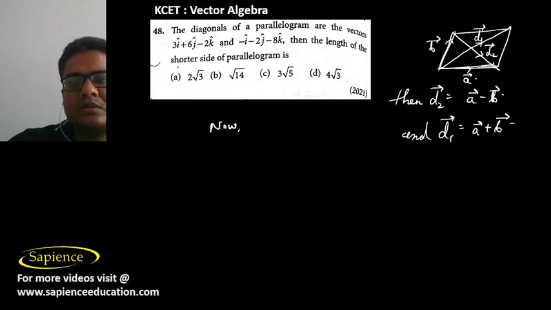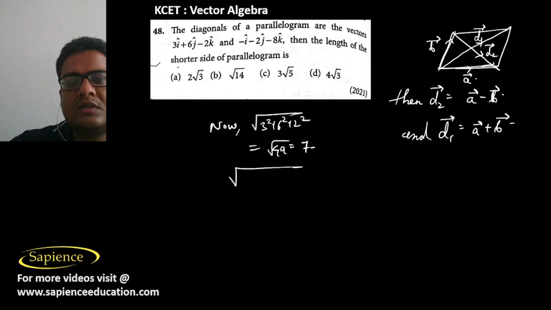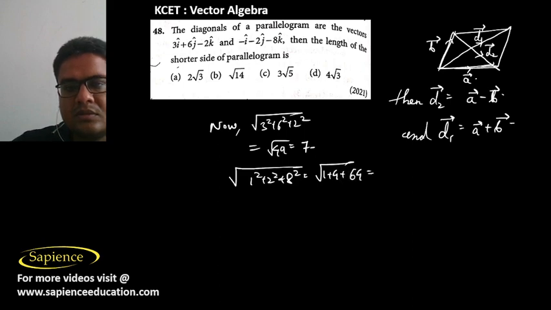Now here the magnitude of the first diagonal is 3 square plus 6 square plus 2 square, that is 9 plus 36 plus 4, that is 49, which is 7 units. For the second one, it is 1 square plus 2 square plus 8 square. The magnitude is 1 plus 4 plus 64, that is 69, square root of 69.